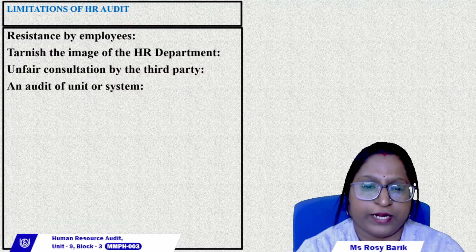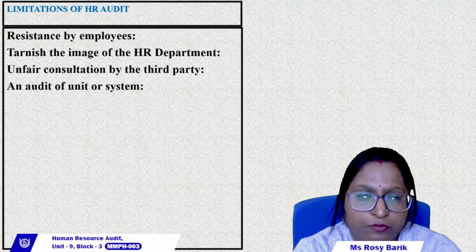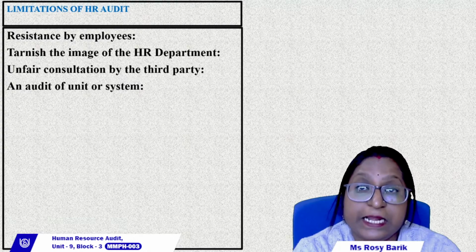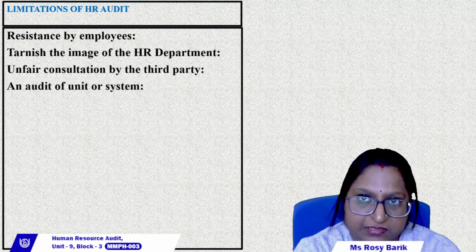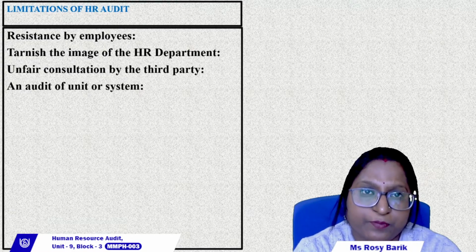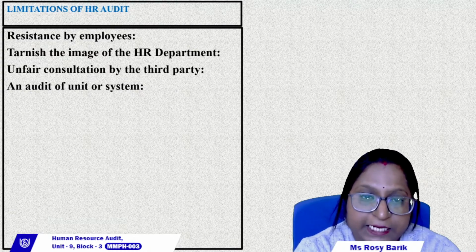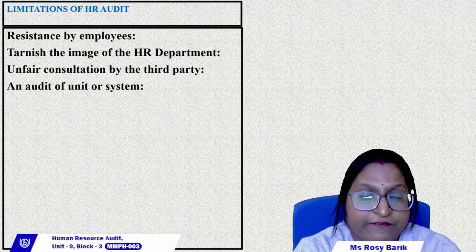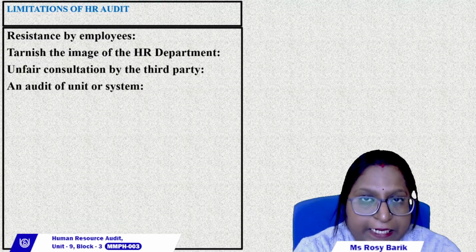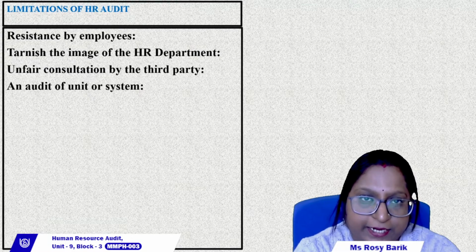From the whole auditing process, what we found is, first, HR policies and procedures: outdated policies and procedures need revision to reflect current labor laws and best practices. Next is the recruitment and selection process: an inefficient recruitment process results in delays and increased cost. Then employee onboarding: an inadequate onboarding process leads to poor employee retention and engagement.